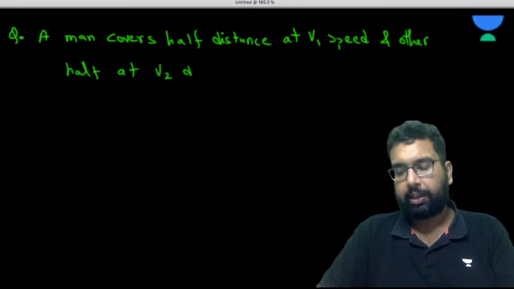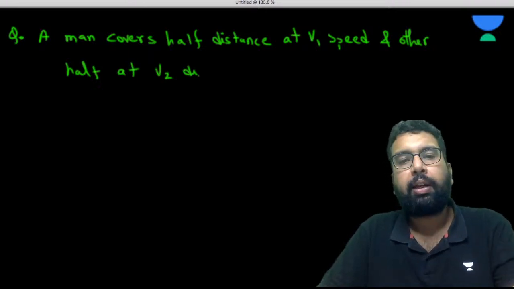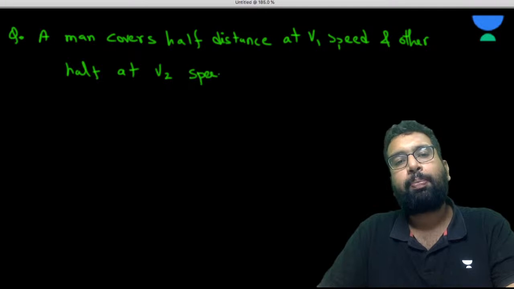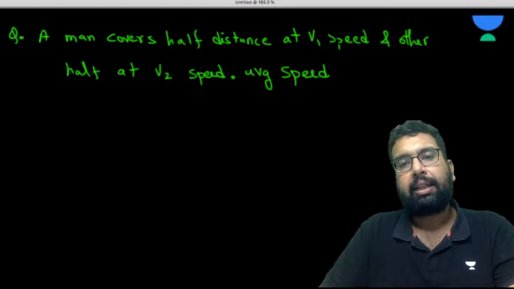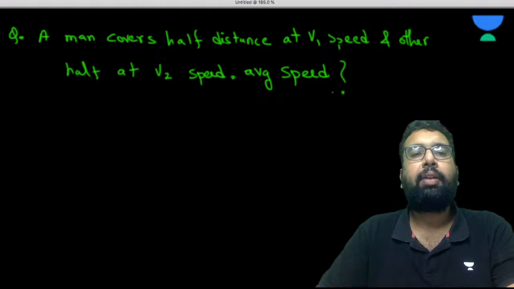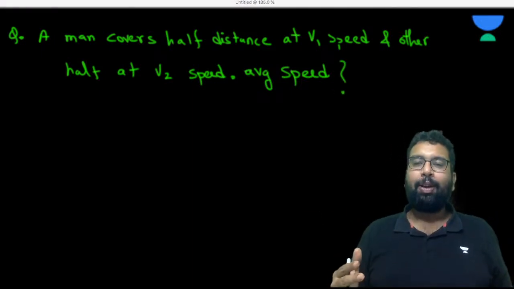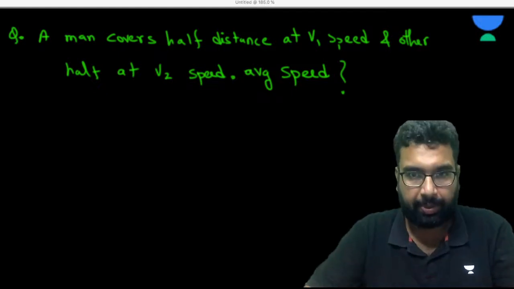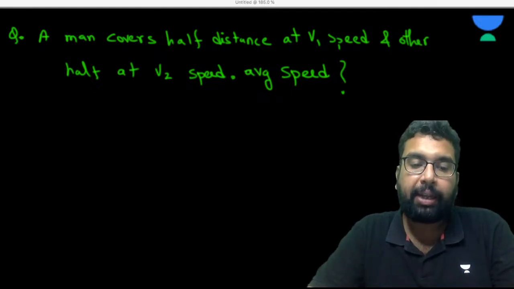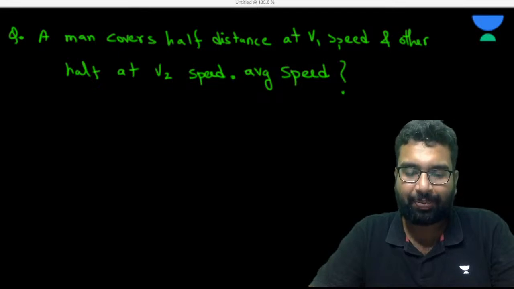What is the average speed? Now I want you to tell me without using your pen. In this case, you understand that speed and velocity are going to be the same. Why? Because there is no difference between distance and displacement. It doesn't mean that speed will get some direction; it's just that their magnitudes will be the same.